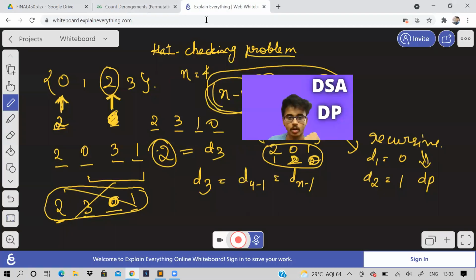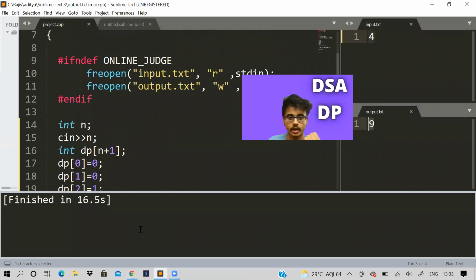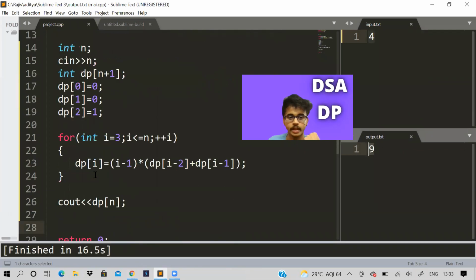So this was the small coding part, and you can have a look at the code. But the main important thing is how to derive, how to prove it, and verify also.